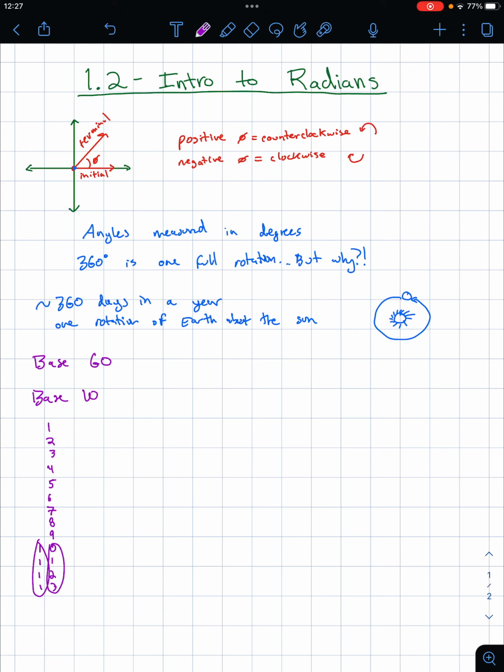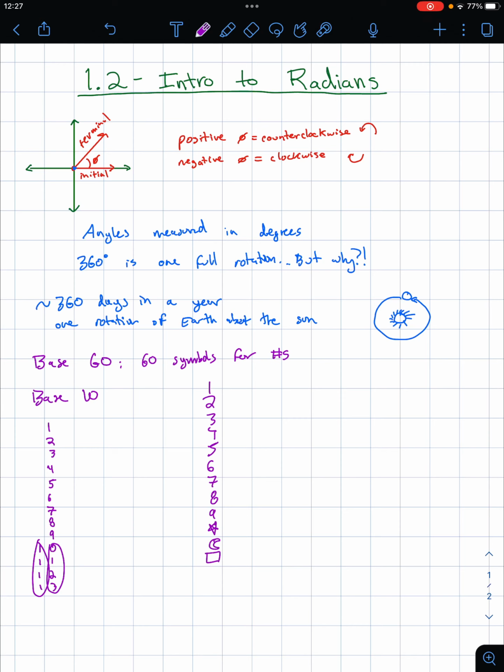Base 60, that means they had 60, or maybe 59, symbols for numbers. So they could keep going. They would go 1, 2, 3, 4, 5, 6, 7, 8, 9, 10, and then, well, 10 wouldn't be written like that. Maybe they used a star for 10, and then a crescent moon for 11, and then a box for 12.